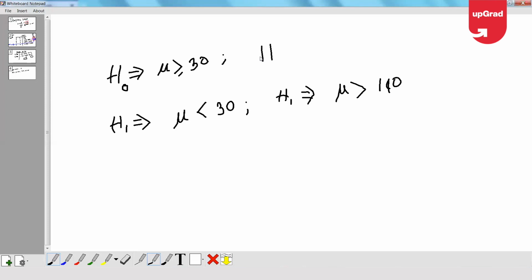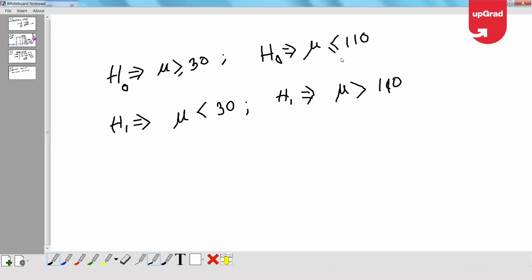In this case, the null hypothesis is the opposite. So in both these scenarios, we are only testing one side, and this is called a one-tailed test, when we are usually checking either the greater or lesser.